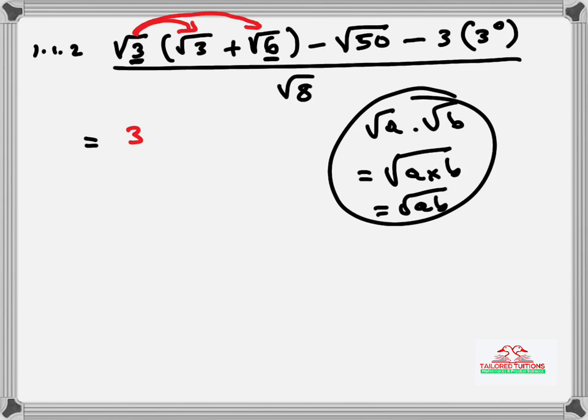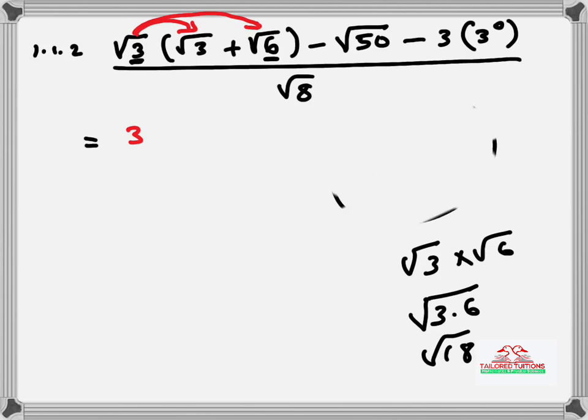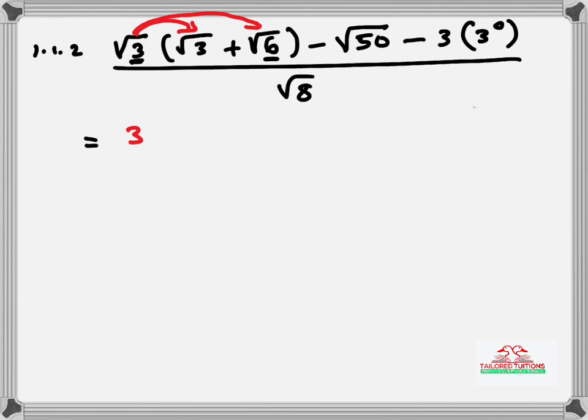So this one is going to be the square root of 3 times square root of 6, which gives us square root of 3 times 6. So square root of 3 times 6 is square root of 18.